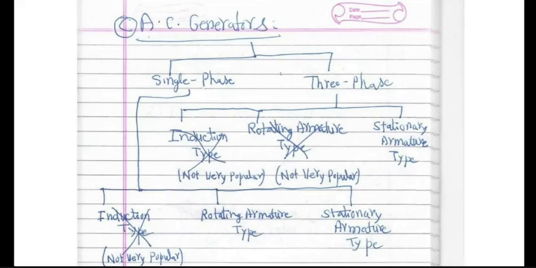The field poles will be fixed on the stator, and rotor will have the high current carrying conductors. This method is okay as long as power requirement is not too large.